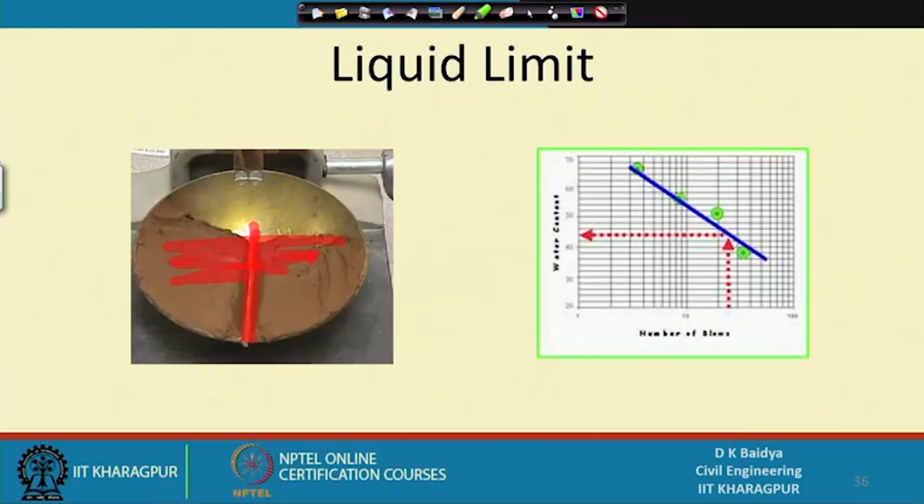And we have to note when these two sides close by around 12-13 millimeter distance, that number has to be noted. That means, how many blows are required to close a 13 millimeter distance.